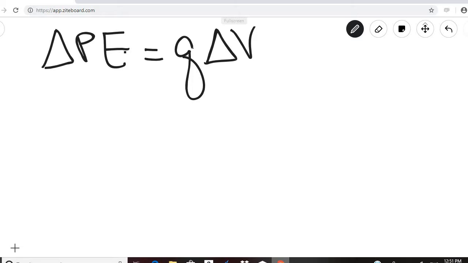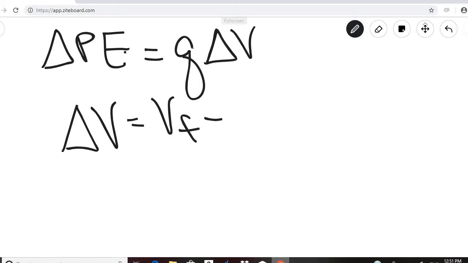So how does the kinetic energy in this situation change? So delta V is equal to what? VF minus VI. So it's the final electric potential minus the initial electric potential.